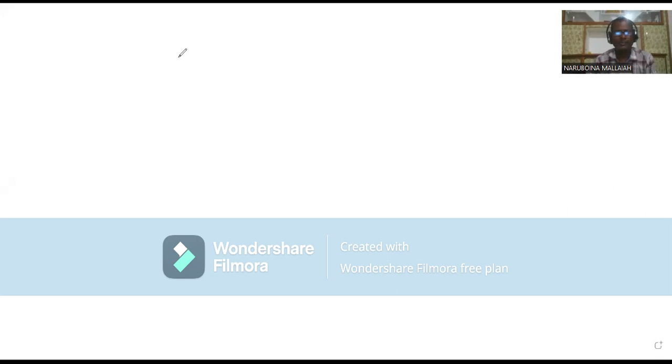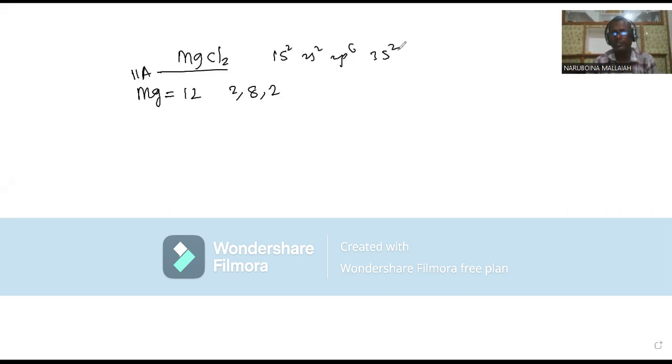Let us take another example, magnesium chloride. You know magnesium? Magnesium is a metal. It is in group 2A, right? Magnesium atomic number is 12. Its configuration we write 2, 8, 2: 2 plus 8, 10, 2. If you don't know how to write this, first write 1s2, 2s2, 2p6, 3s2. 1s2, 2s, 2p is the second orbit, 3s is the third orbit.